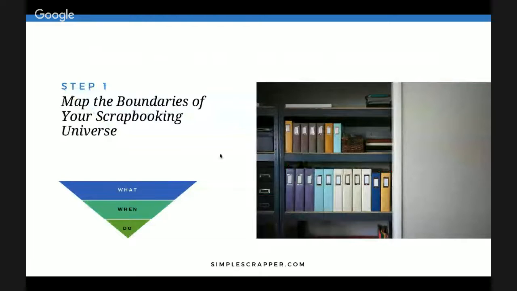So the first step in the Cascade was the what to do. And I'm framing this as mapping the boundaries of your scrapbooking universe. And what this looks like, and this is why I've chosen the photo here of my albums, is figuring out the projects that are going to be on your horizon for the next year.